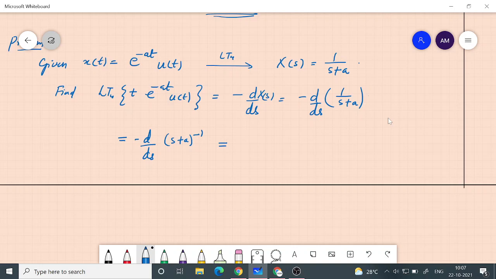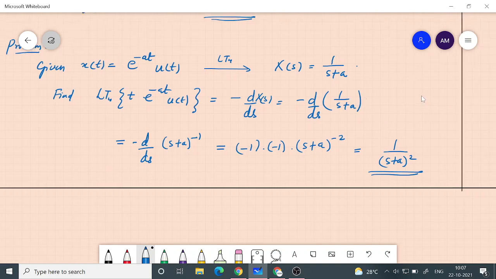When you take the derivative, already there is a minus 1 here, and taking the derivative brings another minus 1, and then s plus a all raised to minus 2. So minus 1 into minus 1 is 1, and this is basically 1 by s plus a the whole square. So this way you can find these results.